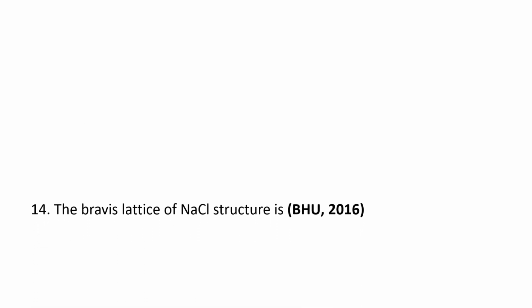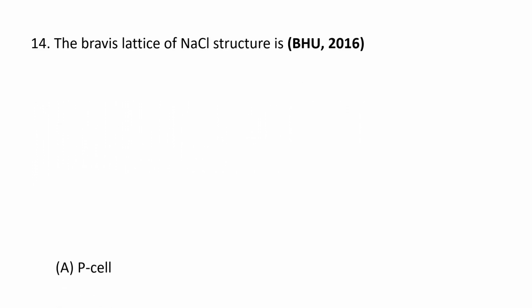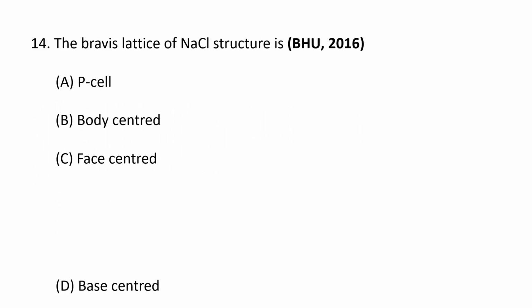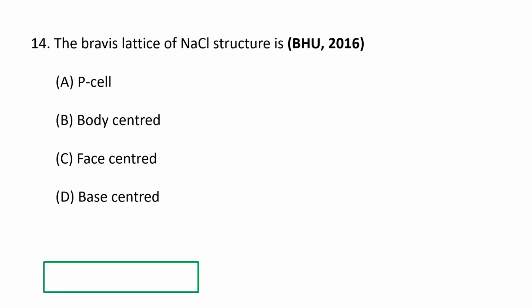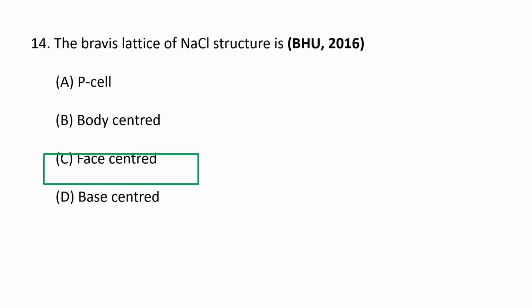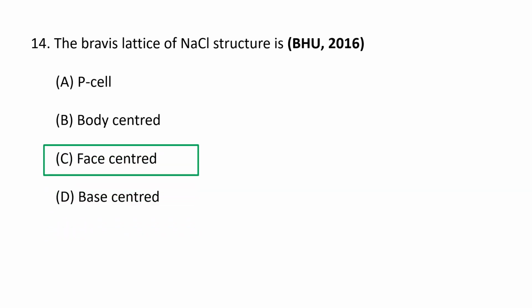Next question. The Bravais lattice of NaCl structure is A, P-cell, B, body-centered, C, face-centered, D, base-centered. So the Bravais lattice of NaCl structure is face-centered. Many materials exist in the sodium chloride or rock salt crystal structure, in addition to many of the halides including AgCl, KBr, LiF, lithium fluoride, sodium iodide.